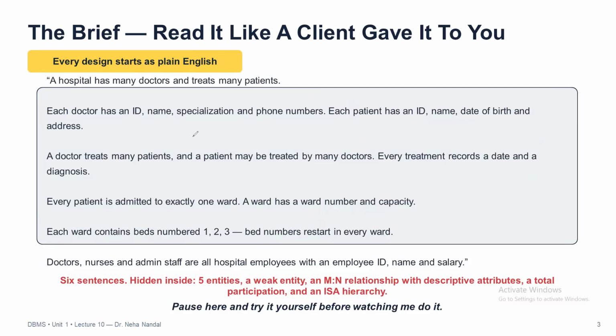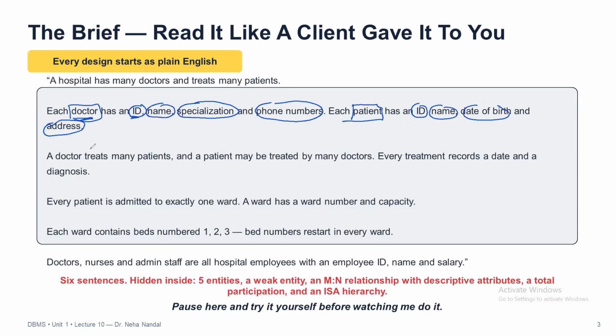Please make a note of these things, because we have to utilize them while drawing the ER model. Each doctor will have an ID, a name, a specialization, and a phone number. Each patient will also have an ID, name, date of birth, and address.